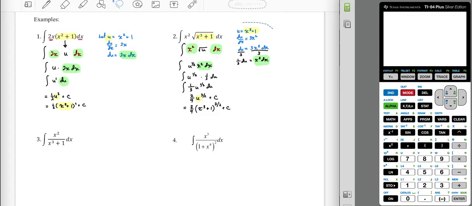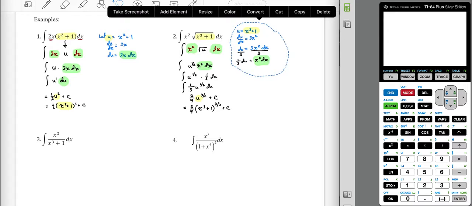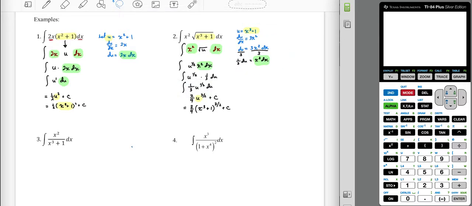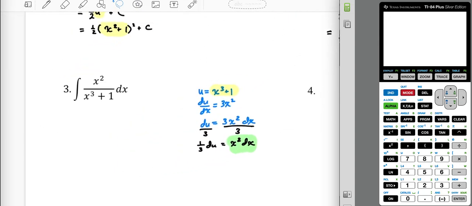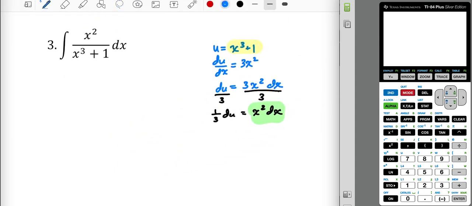I'm gonna say, yeah, you know what, you're coming with me. Because I could swap this out with a u, and I can swap this out, the x squared dx, with the 1/3 du.